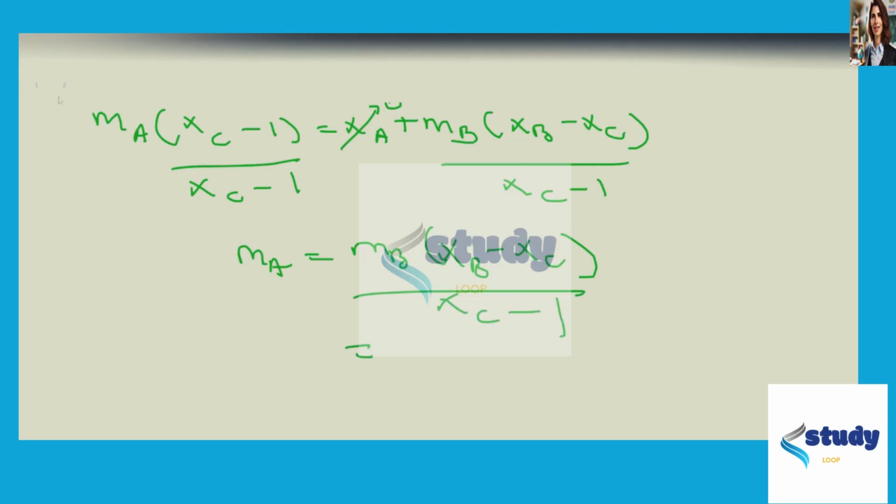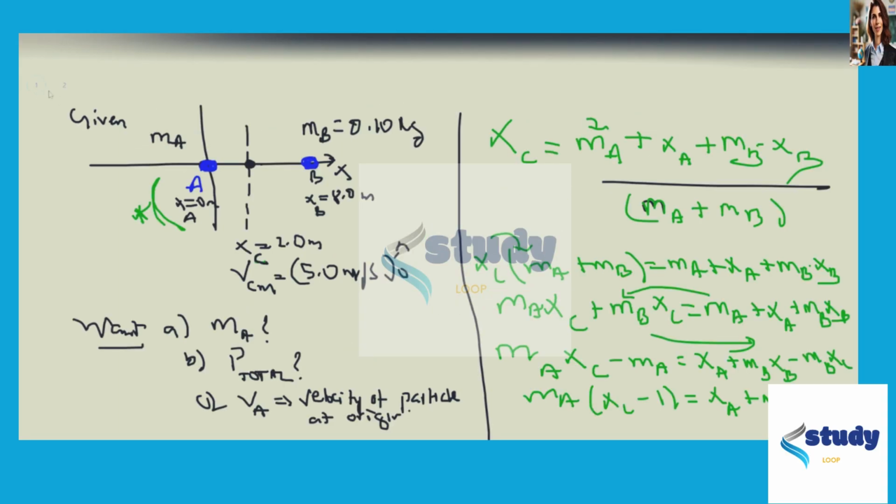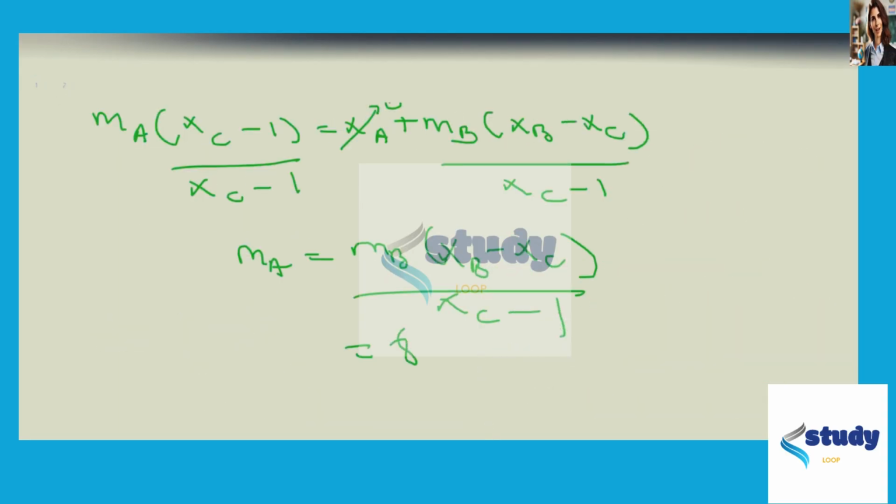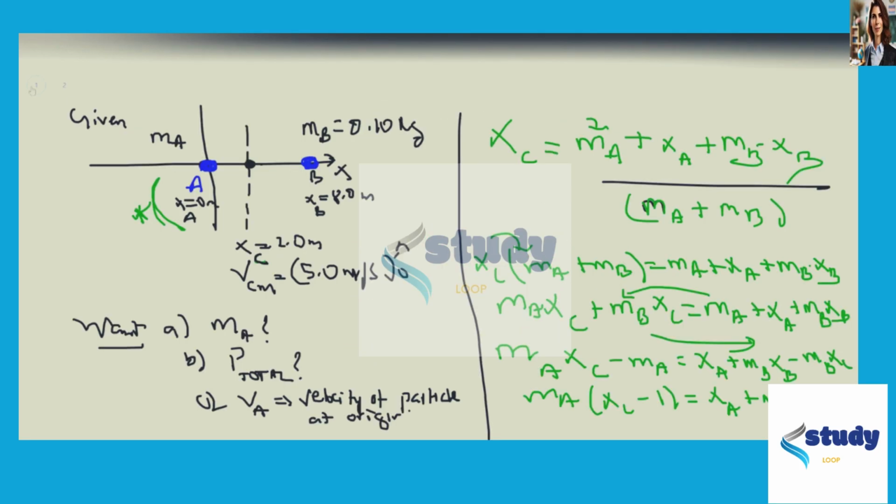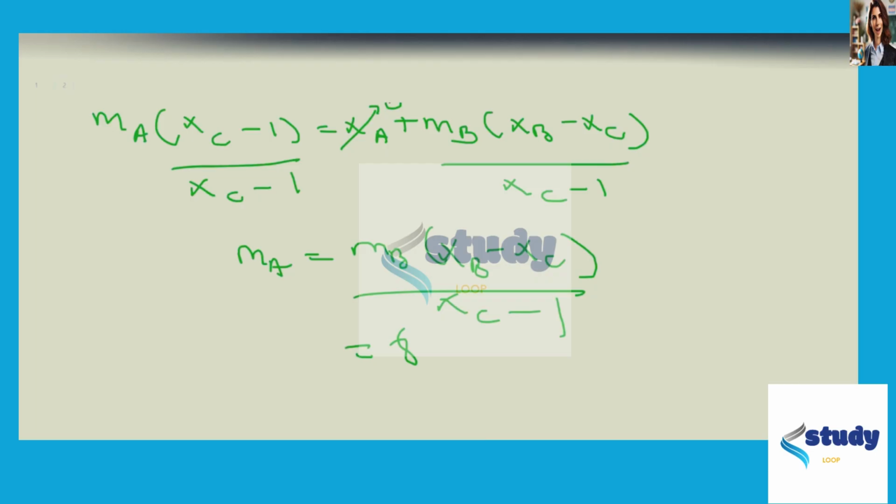And so if we go back, we see that XB is 8.0 meters. Sorry, MB is 0.10 kilograms. So we need to change that real quick.